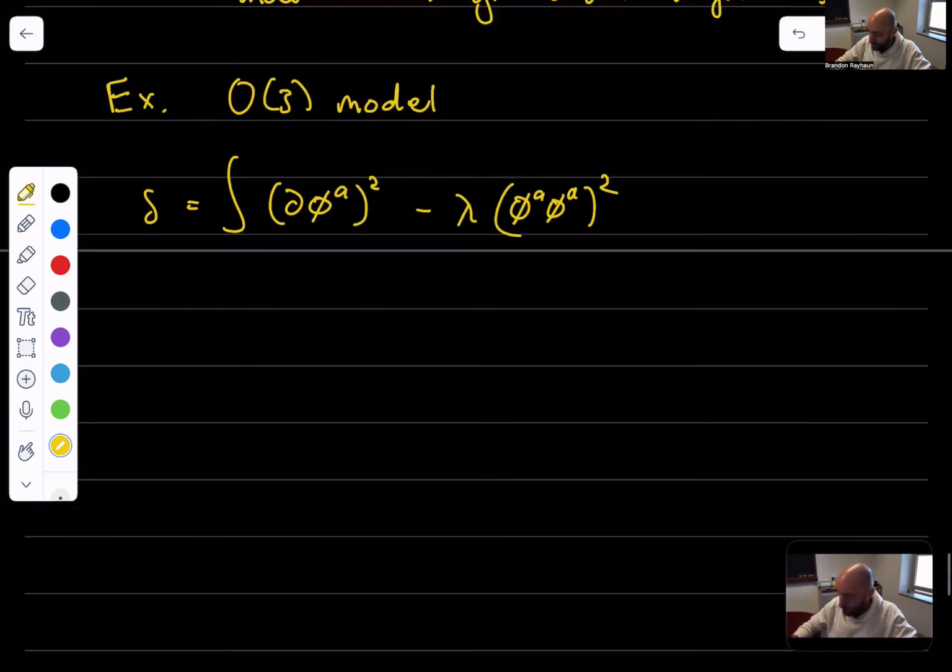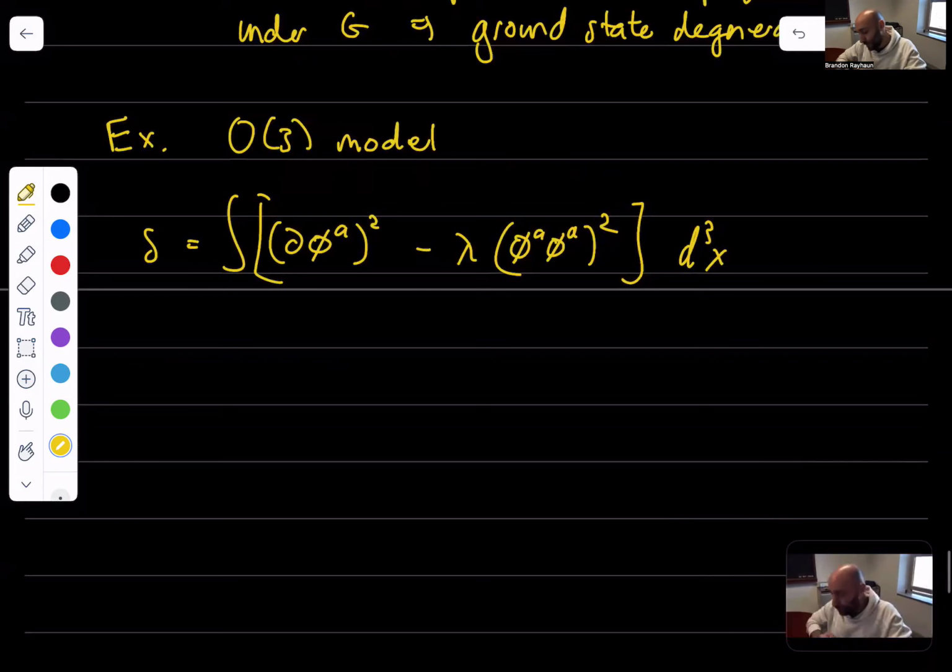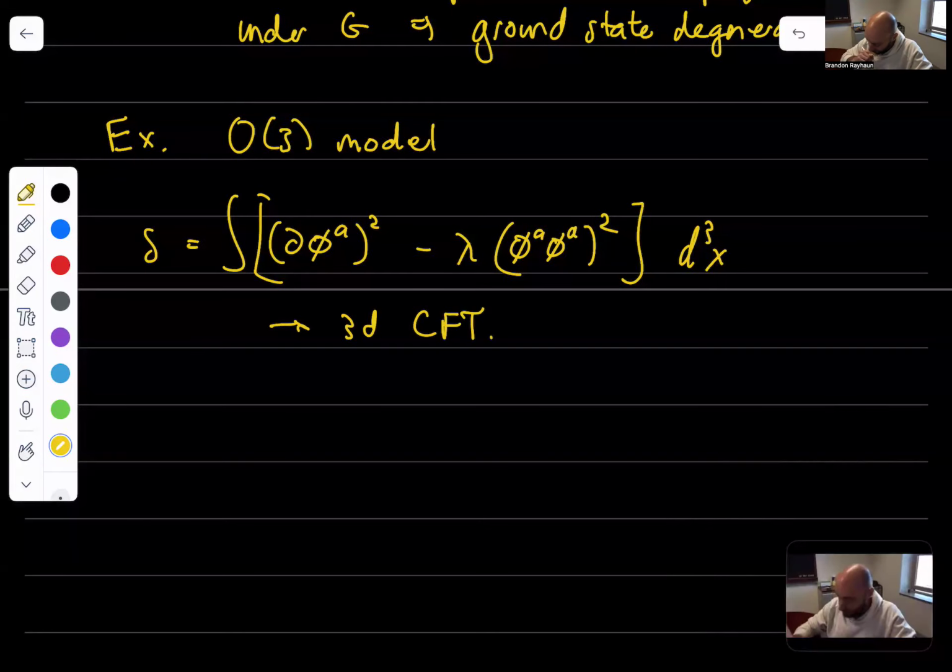Schematically, the action takes this form. I'm just being very schematic. And if you tune parameters in this model, you can tune it to a fixed point that defines a 3D CFT. So this is the model I want to study. It's very strongly coupled.